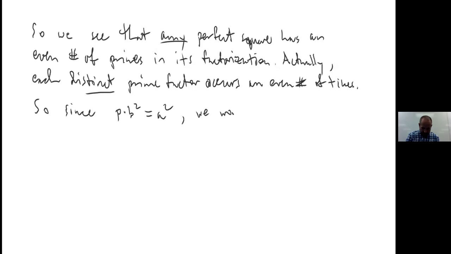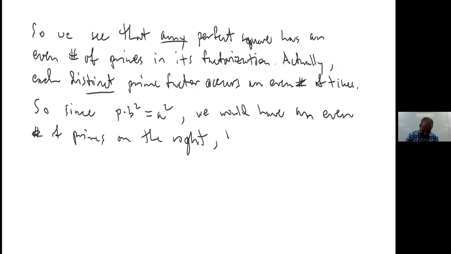We would have an even number of primes on the right, but an odd, because B squared itself has an even number of primes, yes? And if I just slap on one more prime, that's going to take it to how many primes?